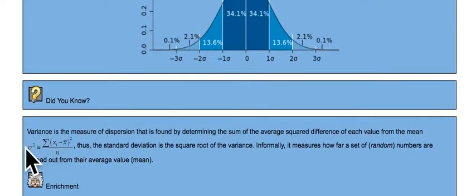So variance is just sigma squared. Thus the standard deviation is the square root of the variance. Informally, so less math terms here, it measures how far a set of random numbers are spread out from their average value, or the mean, or the expected value. All the same term there: mean, expected value, the average value, all that fun stuff.